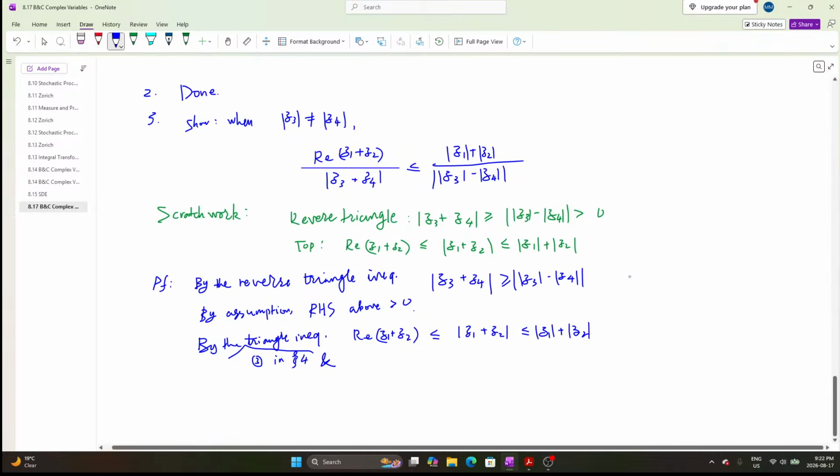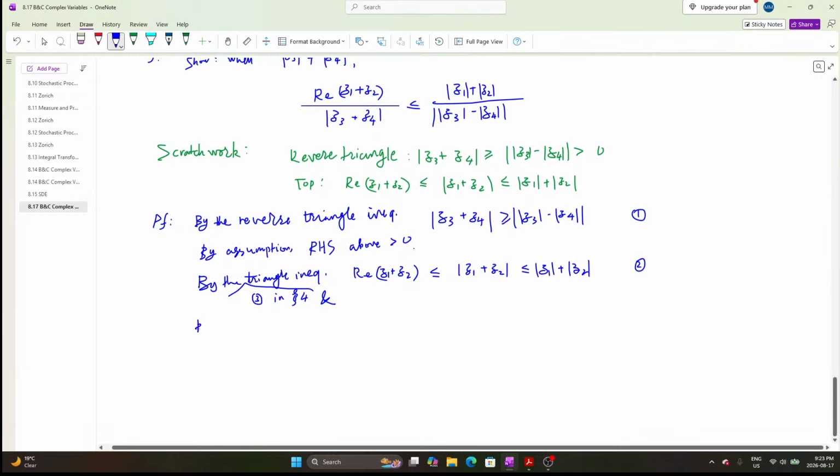Okay, so now let's combine 1 and 2. Actually, these are called 1 star and 2 star. This is 1 star and this is 2 star.